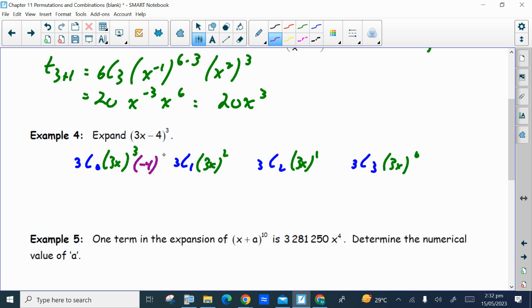The first term in the expansion starts with that last term of negative 4 to the power 0, and then those powers increase by 1, finishing up with that last term to the power n.